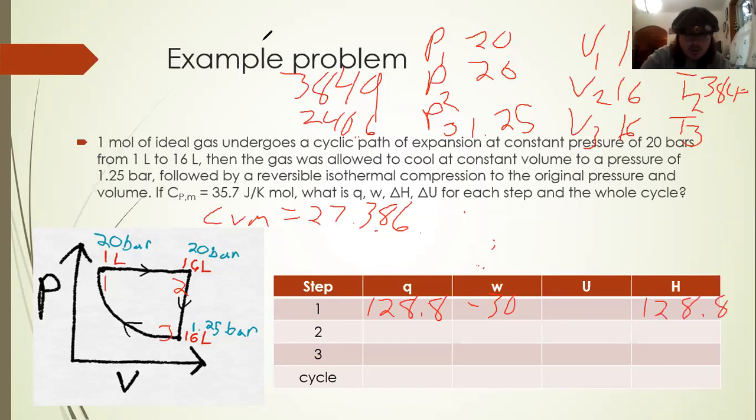But if I add heat plus work, I should get U, which is going to be 98.8. Now, let's hypothetically calculate that with C sub V. 27.386 times our change of 3849 minus 240.6.